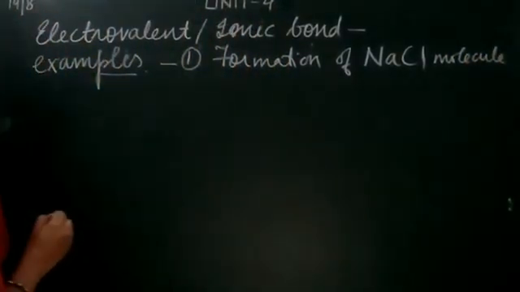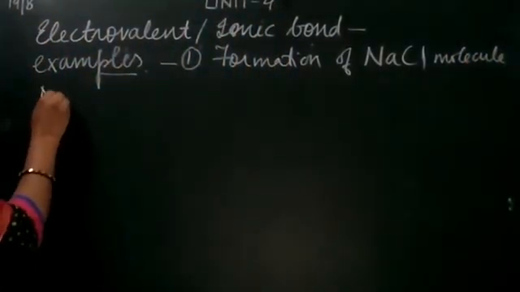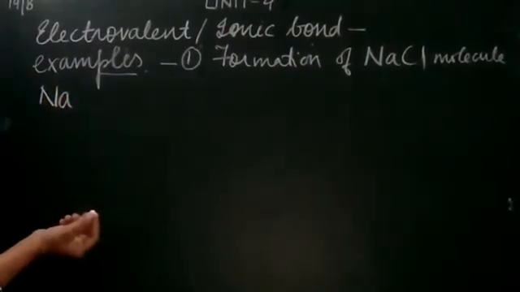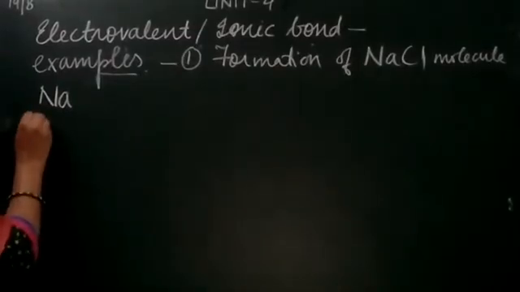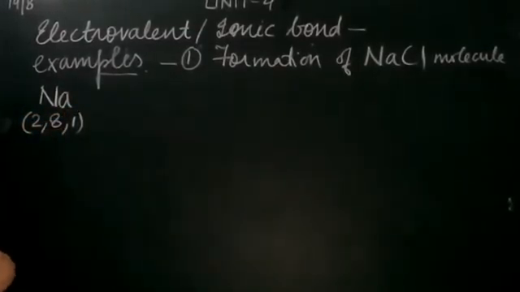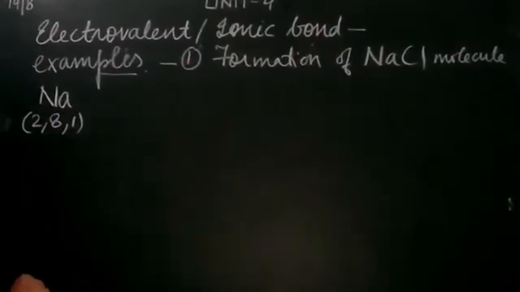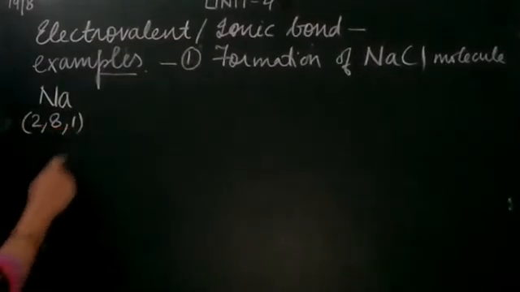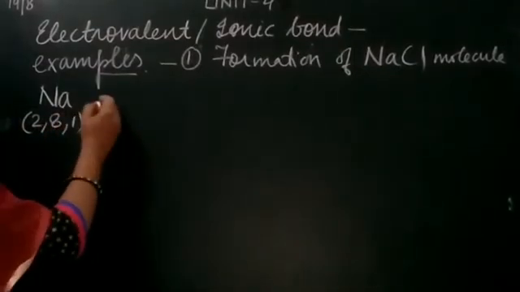Now students, you know that sodium has atomic number 11, so its configuration is 2, 8, 1, right? You can write down the condensed configuration also, that is neon, and then 3s1 for the sodium.